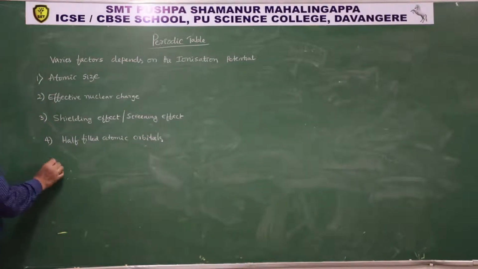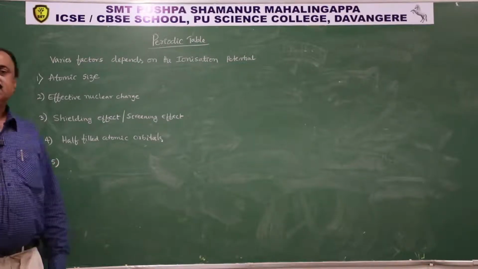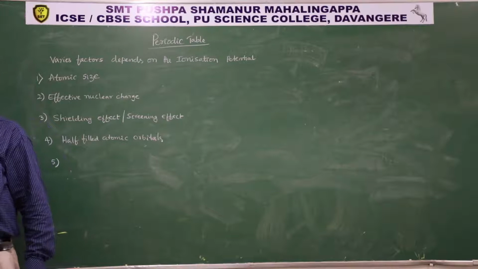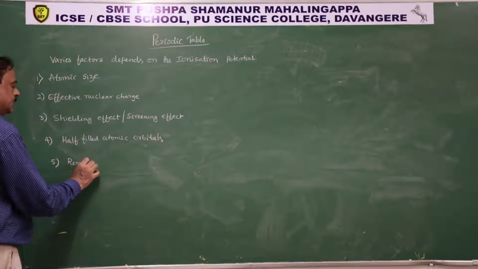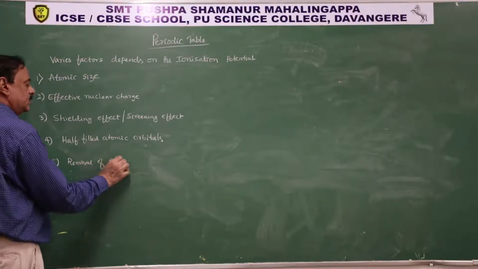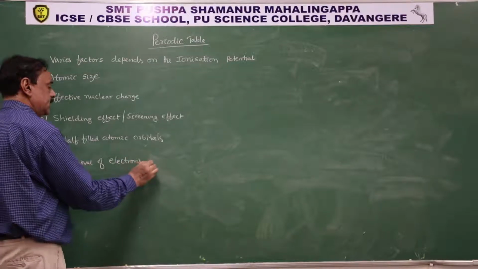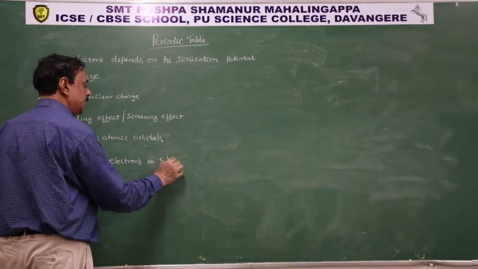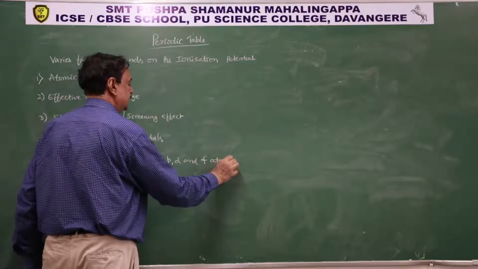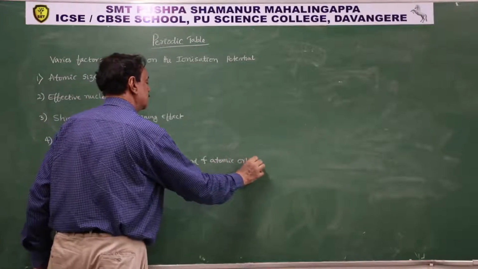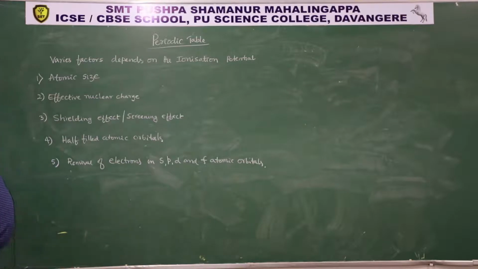Last factor is removal of electrons in s, p, d and f atomic orbitals. Now these are the various factors that decide the ionization potential values.